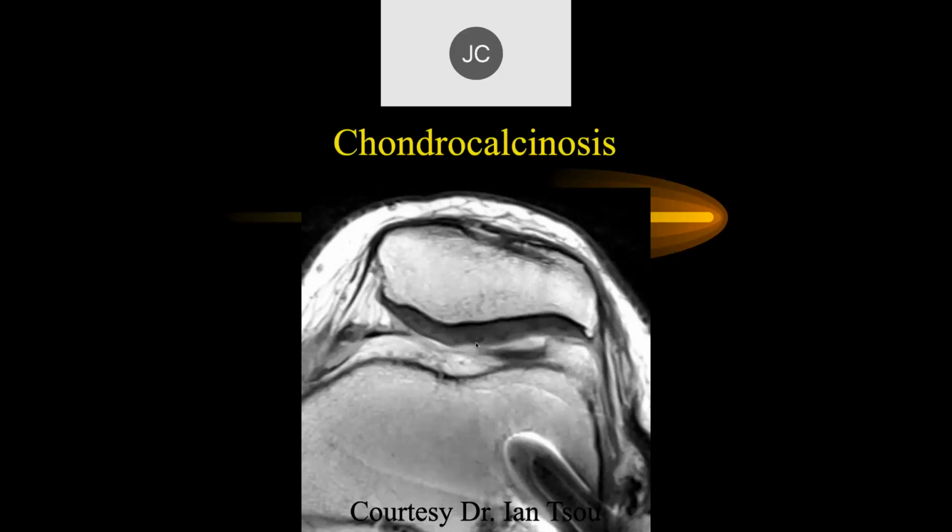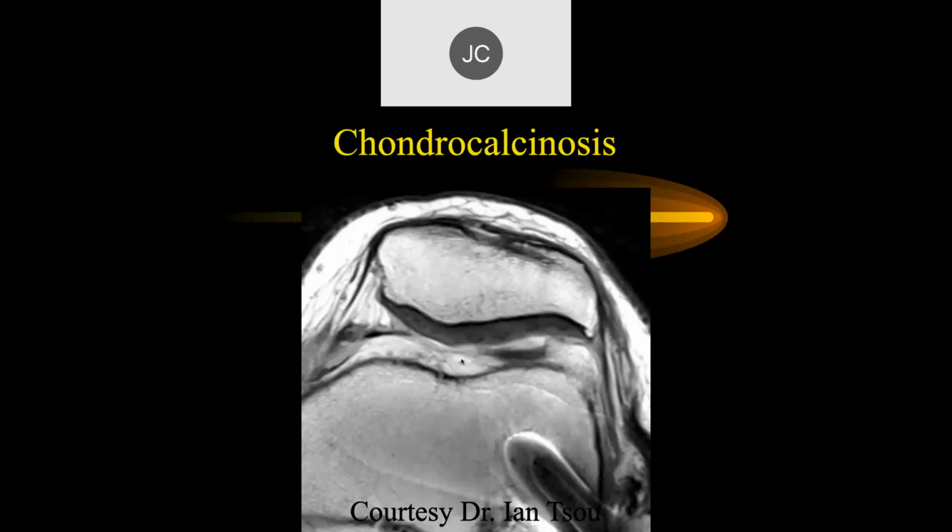And as we saw before, there are at least some studies to show that areas of low signal like this are areas where you tend to get progression of cartilage loss over time. So it is a risk factor. There are now MR techniques which are much more sensitive for detecting calcium within the cartilage, using ultrashort TE techniques or zero TE techniques, than even CT.